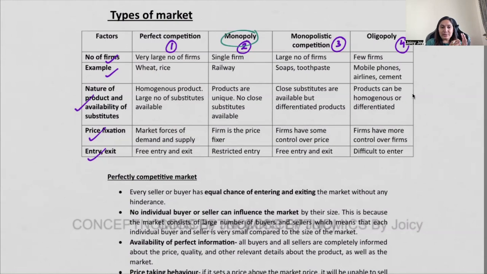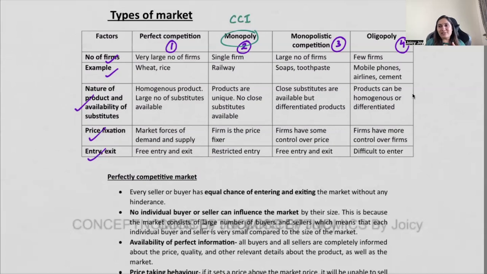And in order to see whether everyone has a level playing field or whether anybody is becoming a monopoly, and to take corrective action if some firms are becoming a monopoly, we have something called CCI, that is the Competition Commission of India. And what is the purpose of CCI? CCI would ensure that everyone has a level playing field and no consumer is exploited in the name of monopoly. So I hope it's clear.